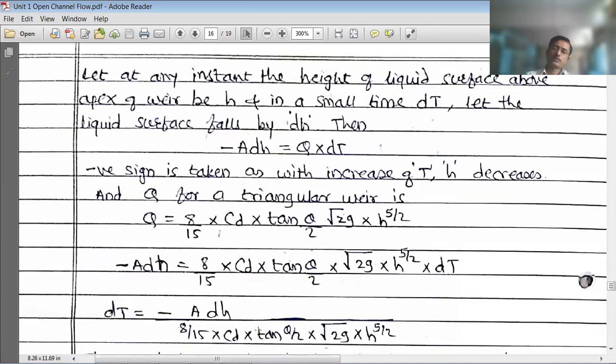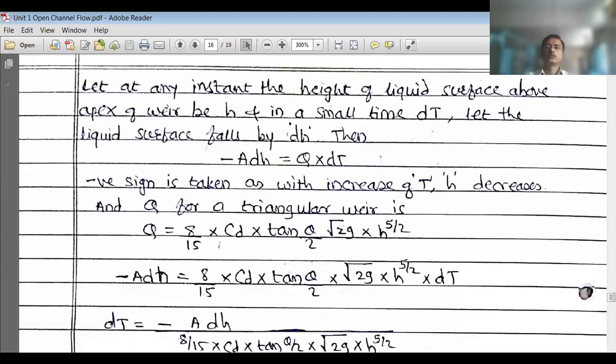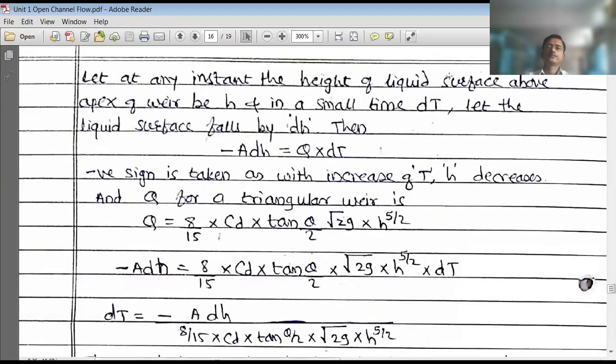So again, the volume of water which is going to flow in the time dt will reduce the height by dh, and if you multiply this dh by the cross section area of the tank, that is A, you will get the volume, minus A dh.